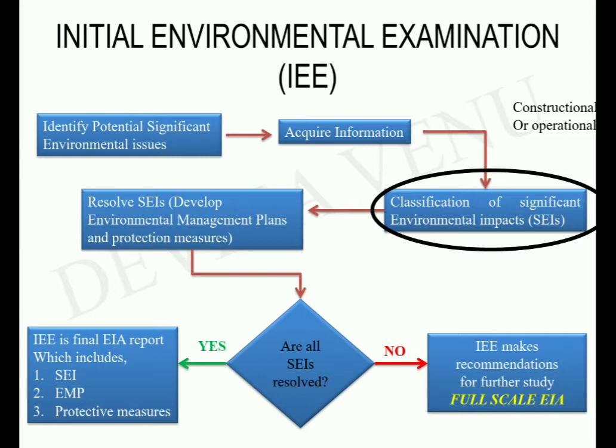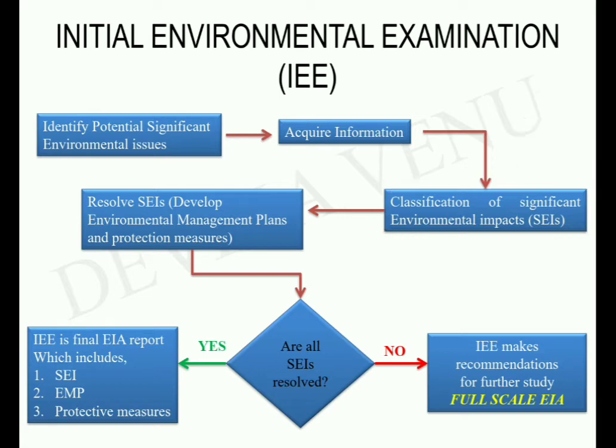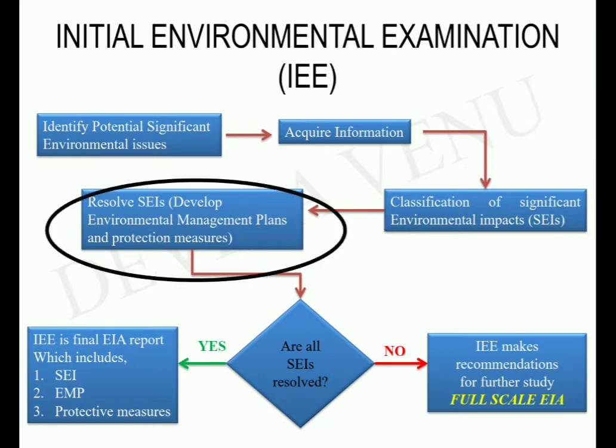Okay, so after the classification, you have found out enough information about that, and after that you have to resolve these particular issues. Okay, you are resolving these issues, which means that if there is a sediment deposition, what you will do?